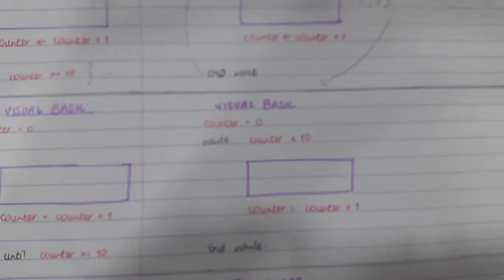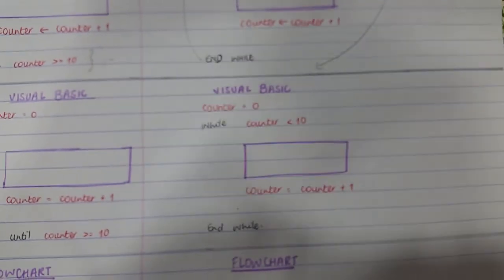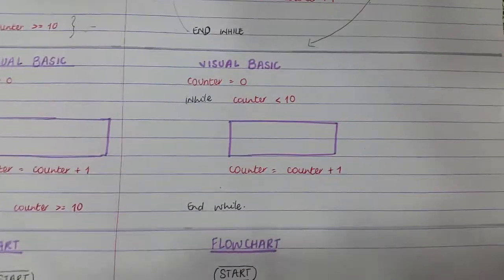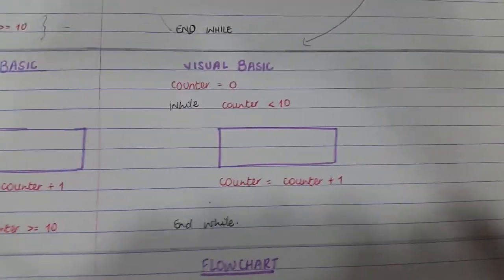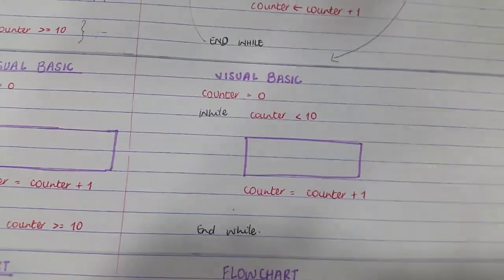So next, we are going to write a while loop in Visual Basic. Normally, how does it work? So here, I am assigning 0 to counter in the first line. Here, there is the same keyword as in pseudocode, unlike repeat until.